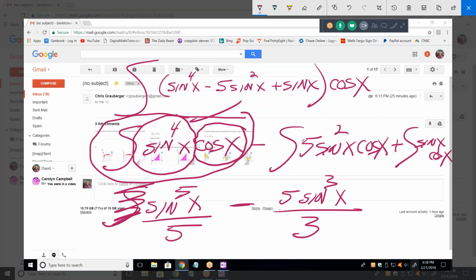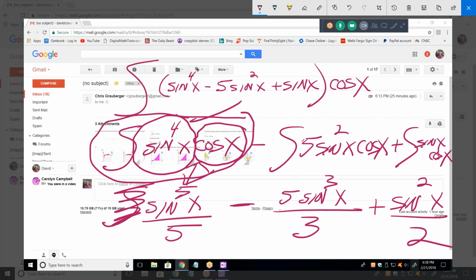And this part is going to be sine squared of x over 2. And there's your answer. Now, it takes a while after doing a bunch of these before you can jump directly from that to that.